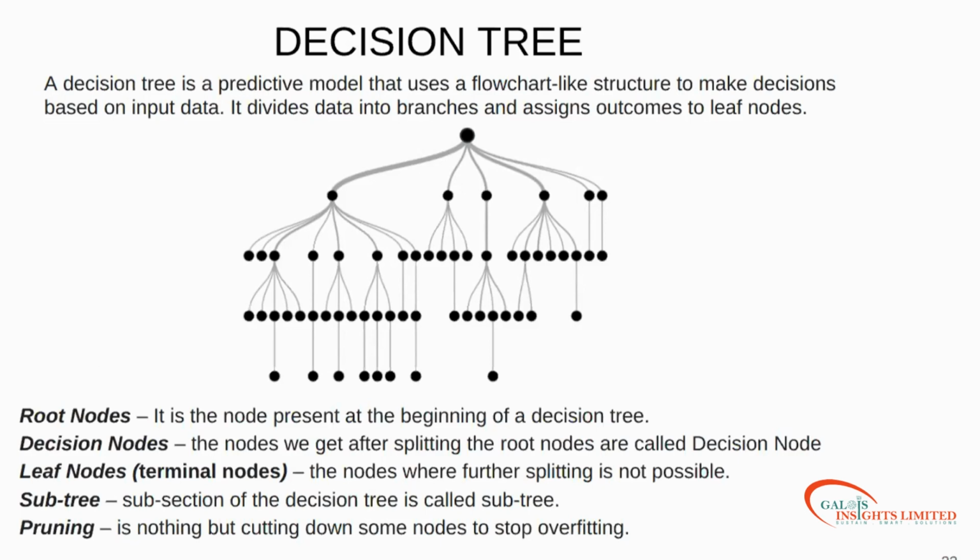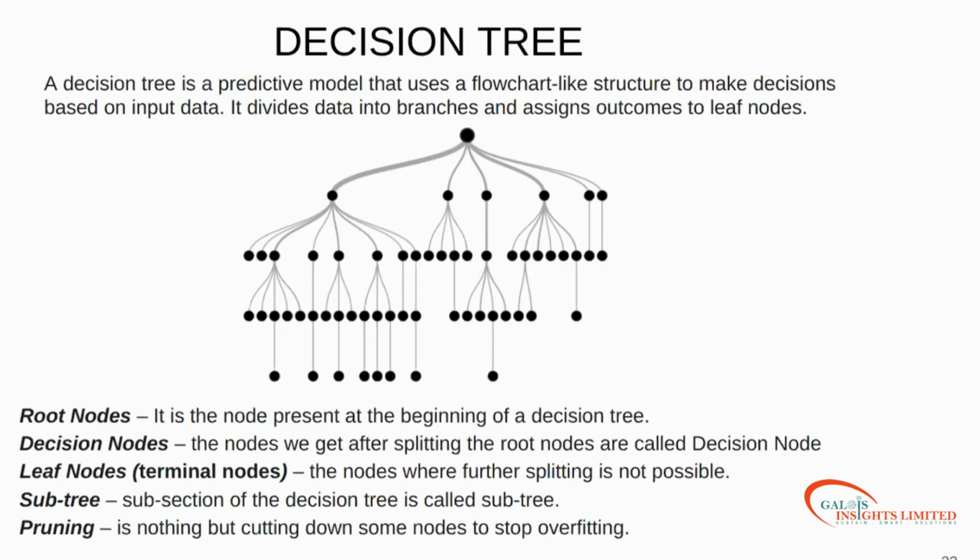A decision tree is simply a predictive model that uses a flow chart. You know, the tree that you see has some decision boundaries, and the whole process is based on decisions. It divides data into partitions and assigns outcomes to leaf nodes.